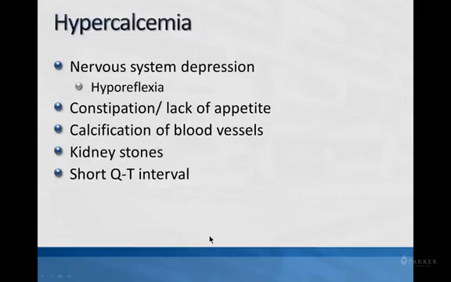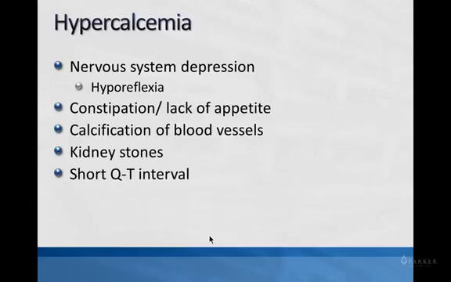Now, on the other hand, if a person has hypercalcemia, you can see some of the opposite effects. They're hyporeflexive. It depresses the nervous system because it's going to be harder to open certain ion channels, the voltage-gated ion channels. It can have effects within the GI tract. They get constipated and they don't want to eat.